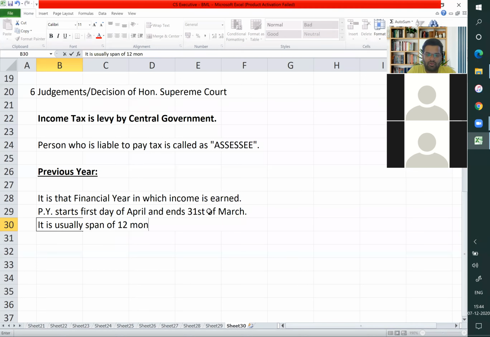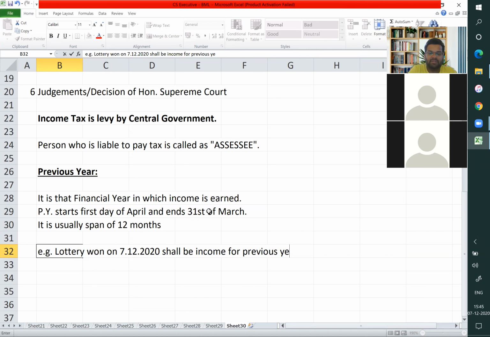Of course, 12 months. Example, lottery won on 7th December 2020 shall be income for previous year 2021.